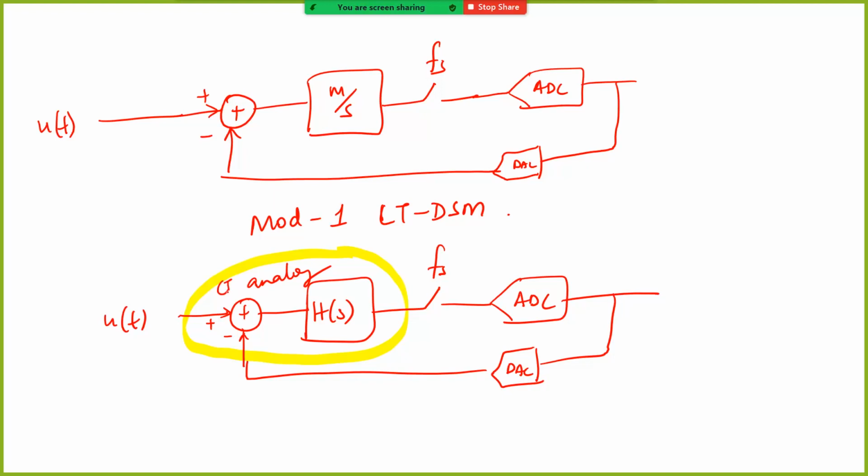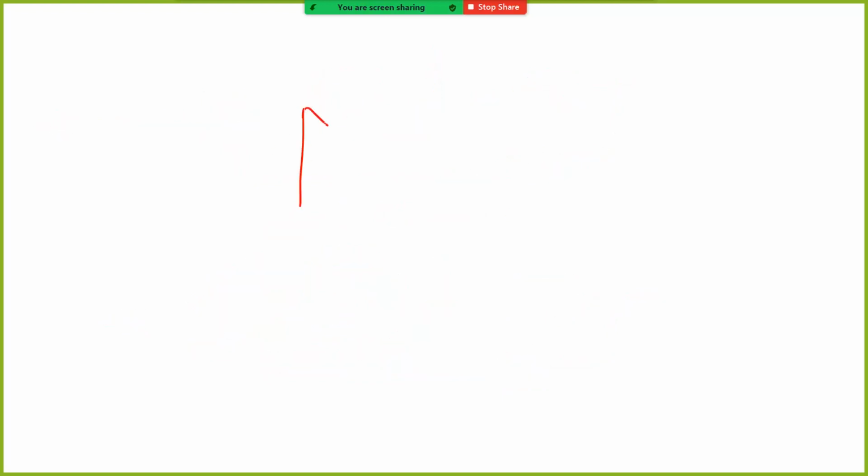Okay, and this h of s, of course, we have seen in the z domain it's an integrator, and in the s domain also it is going to be an integrator. And how do you build integrators using continuous time circuits? One of the most common ways of doing it is to use a structure which is something similar to this.